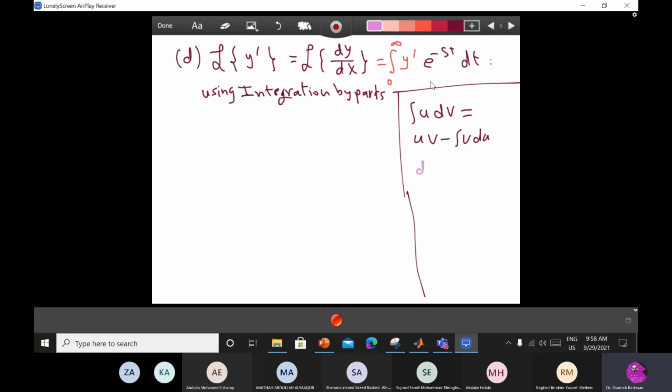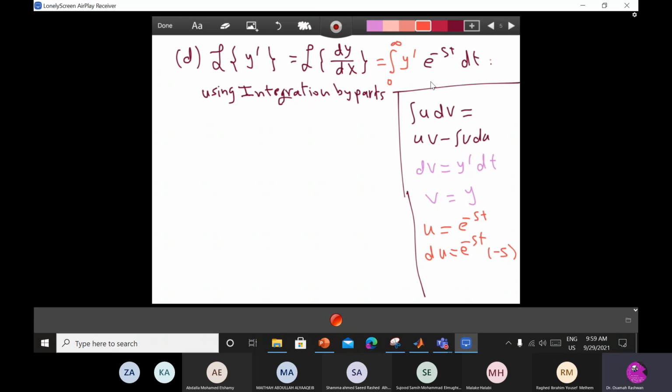Of course, dv I will take as y dash dt. Why this? Because it is easy to integrate: the integration of the first derivative is the original function, right? This is why I take this one. And what is u? u is the other part, which is e to the minus st. du will equal the same exponential function multiplied by minus s. Opposite to the integration: when you integrate, you divide by the derivative of the power.